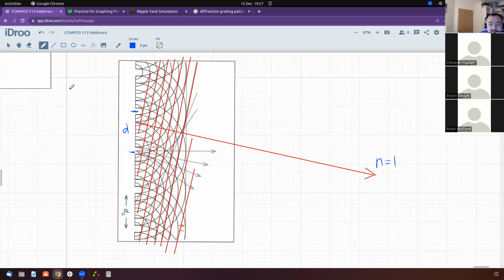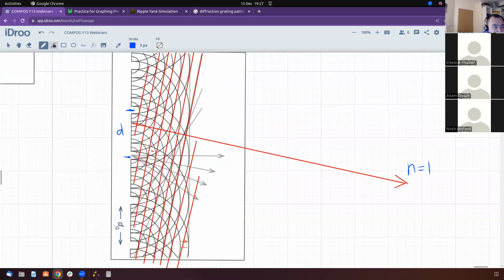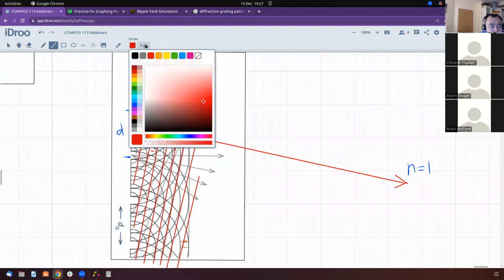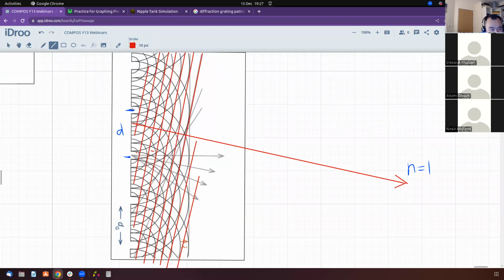And from here, you can work out the equation, because look, if we take this slit and, for example, this triangle, okay, this angle is theta.